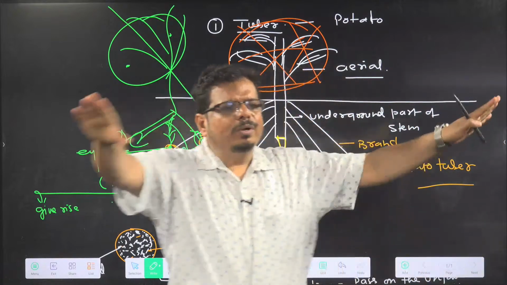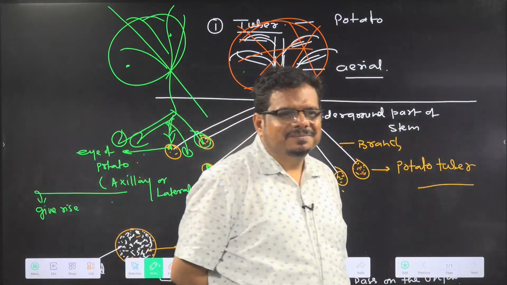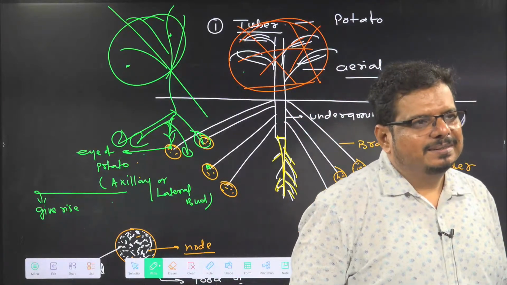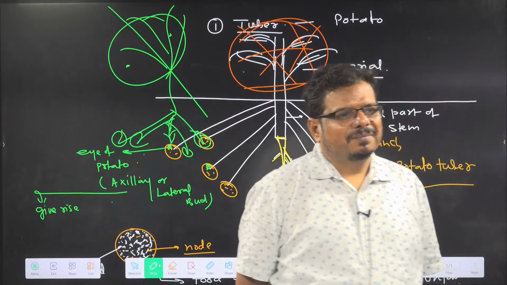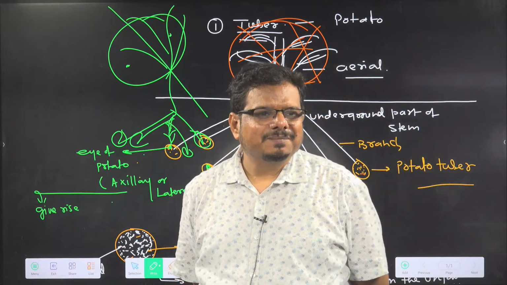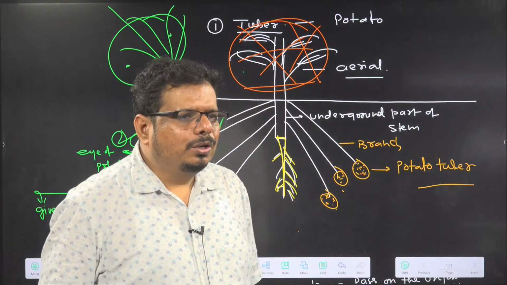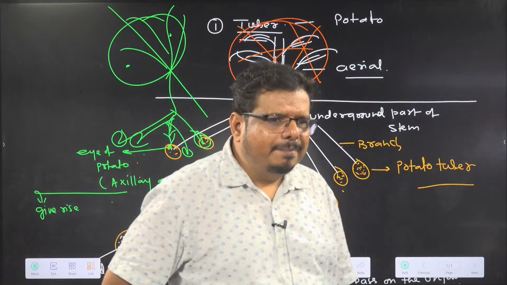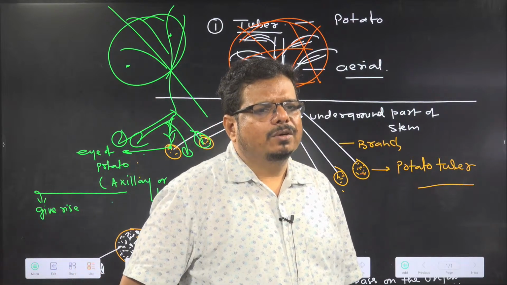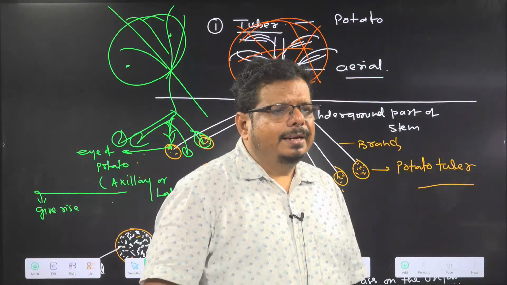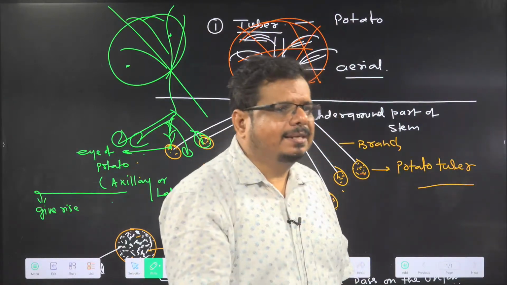So potato tuber is over or not? Tell me, yes or no? Clarity came or not? So potato tuber is a modification of stem for storage of food, and wherever food is stored, it helps in perennation.